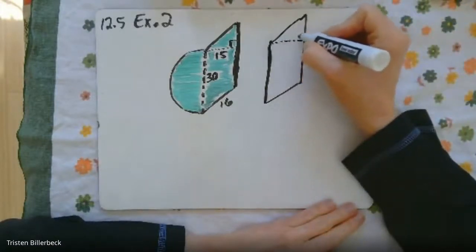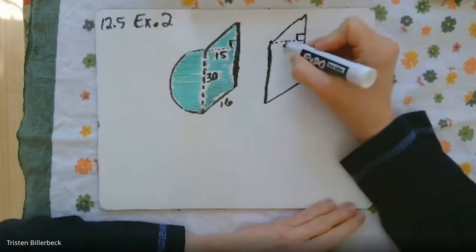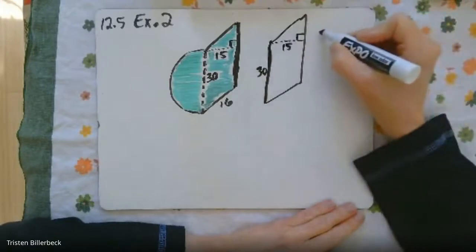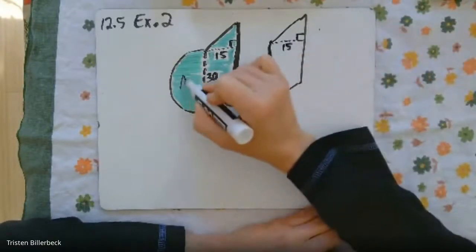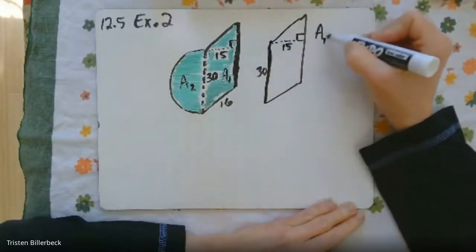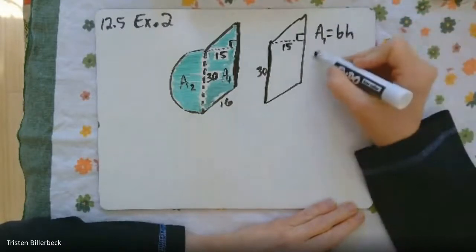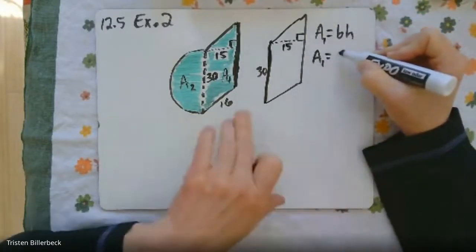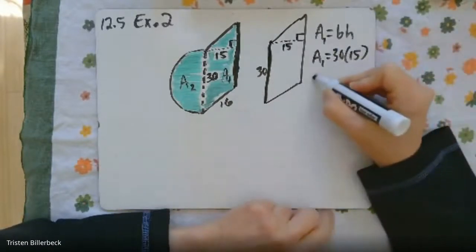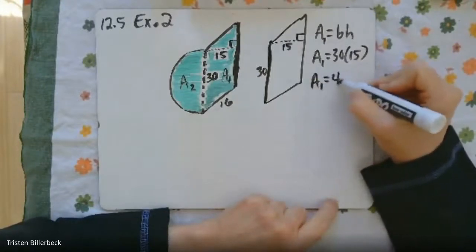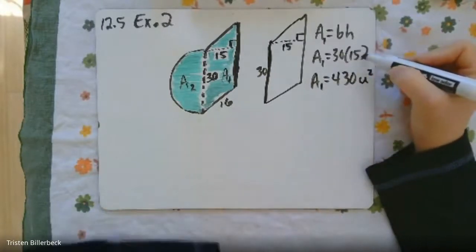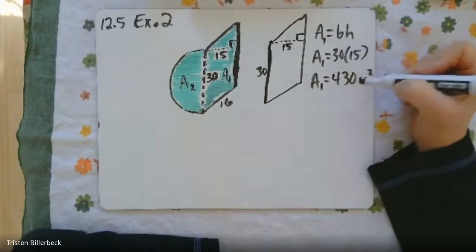So the height of the parallelogram is 15 and the side is 30. If this is A2 and this one's A1, then A1 is base times height. So A1 is going to be 30 times 15, which ends up 450 units squared. Because 3 times 15 is 45, and then we have an extra 0 there.